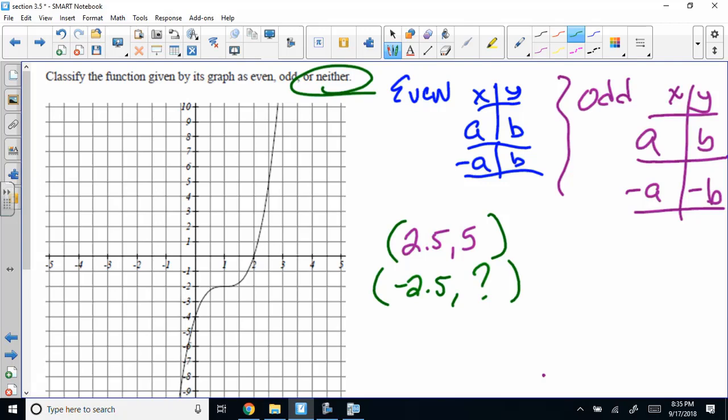Now, if it came out to be 0, would you say it's even or odd? What's the opposite of 0? I never thought about that, but I wouldn't do that. If it was, but this isn't, I know it isn't.